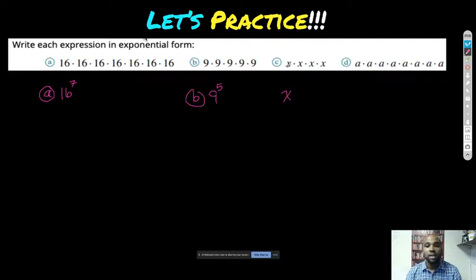It's still the same basic concept, but this is now going to be x to the 4th power. And now we have a to the 1, 2, 3, 4, 5, 6, 7, 8, 8th power. Notice how we read those: x to the 4th power, a to the 8th power, 9 to the 5th, and 16 to the 7th.